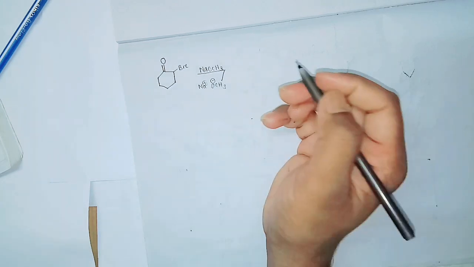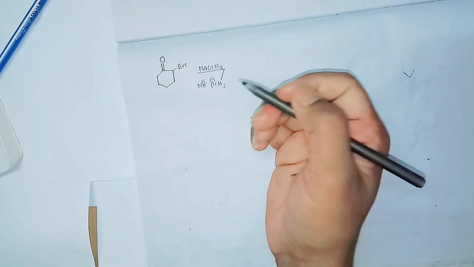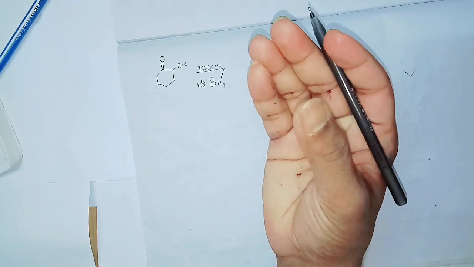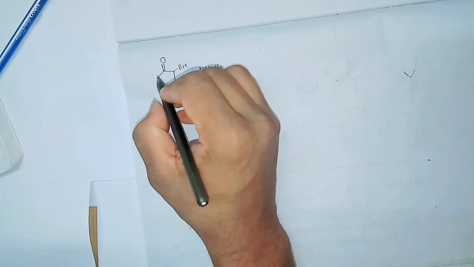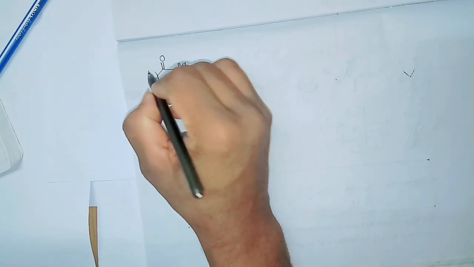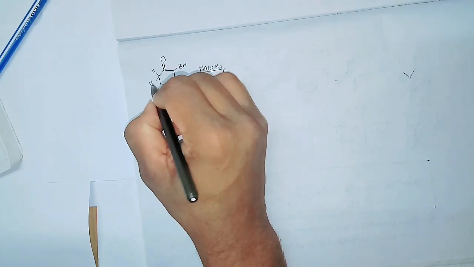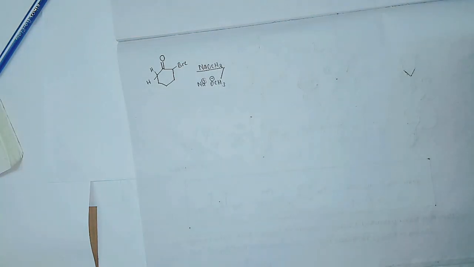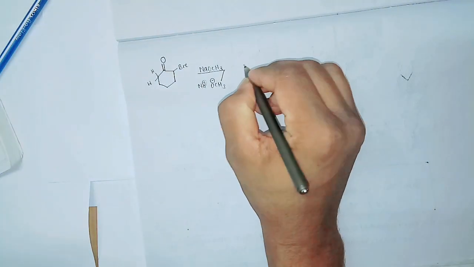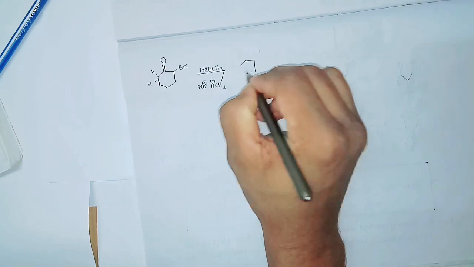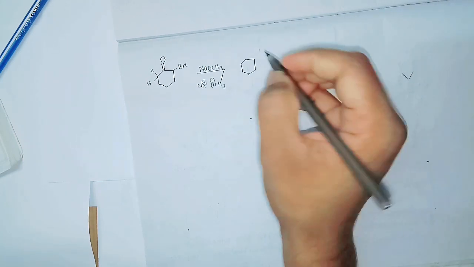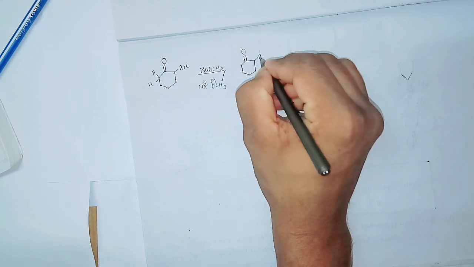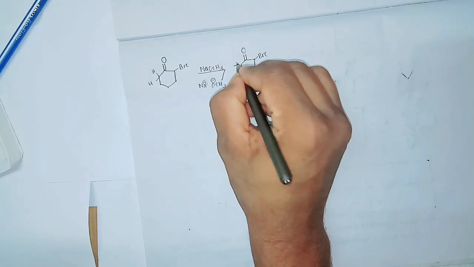In the first step, we know that the base will remove an H plus ion. In this case we have two hydrogens here, so one hydrogen will be removed from this side, and here we have a negative charge.